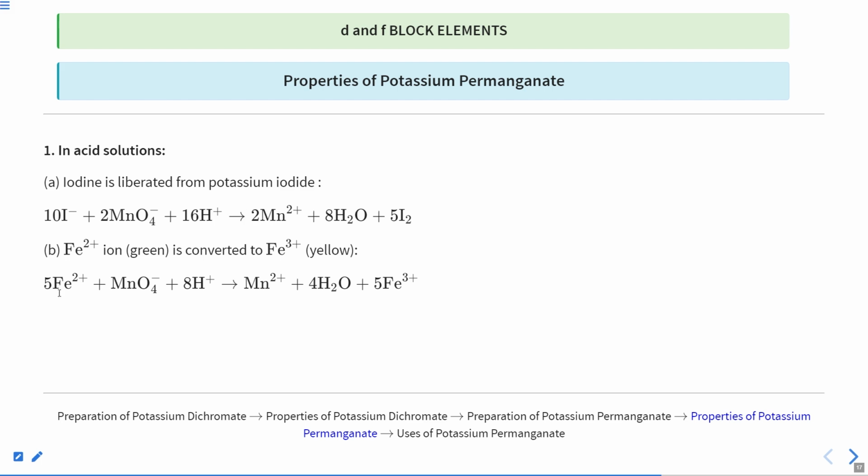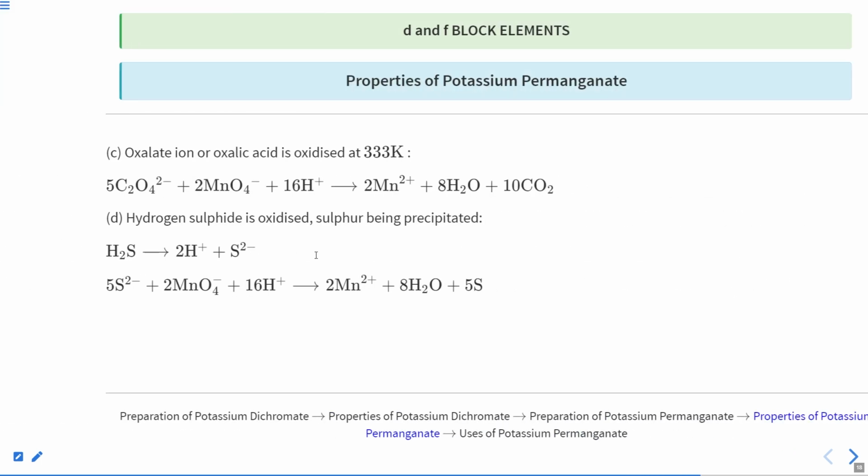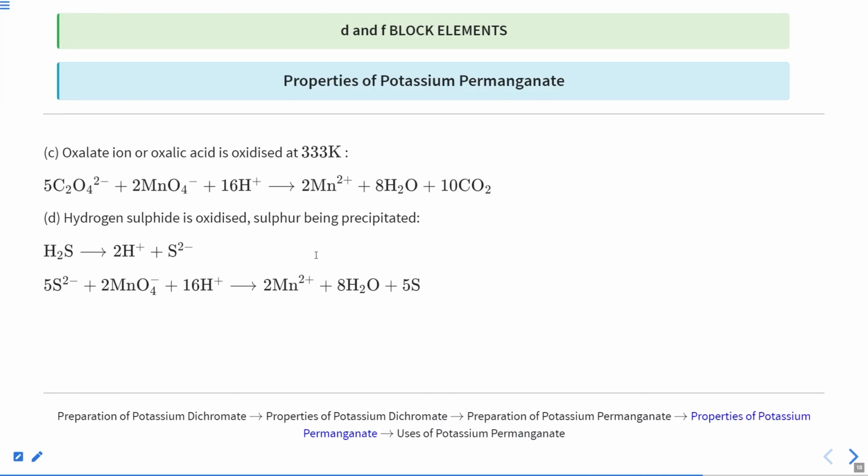Similarly, if we treat Fe2 plus with MnO4 minus, then Fe2 plus is oxidized to Fe3 plus. Similarly, oxalate or oxalic acid is oxidized to carbon dioxide at 333 Kelvin in the presence of MnO4 minus, and H2S is oxidized to sulfur. Clear?